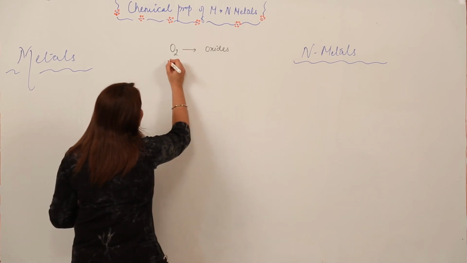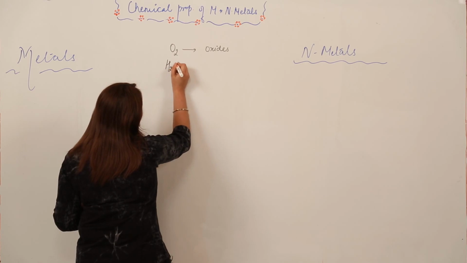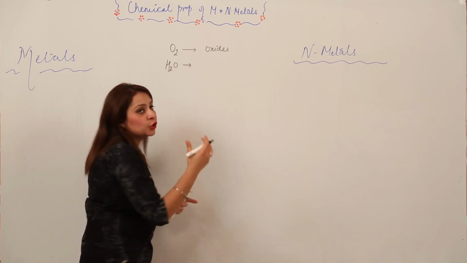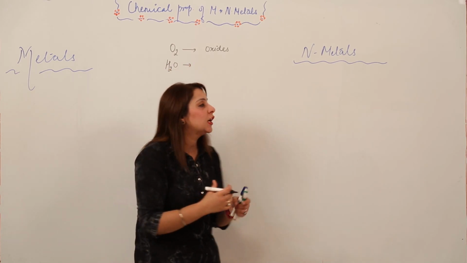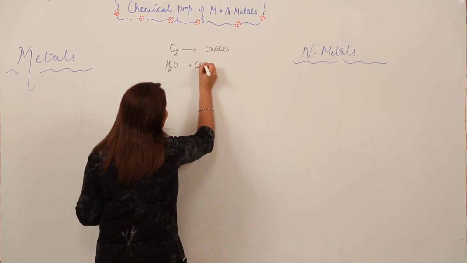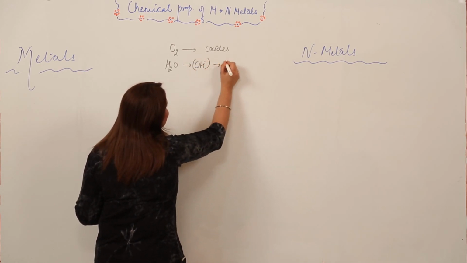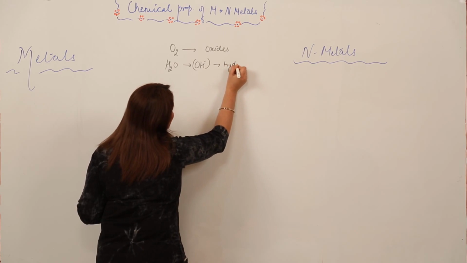And when we react some substance with water, you know the crisscross combination occurs with the hydroxide ion, and it leads to the formation of the respective hydroxides.